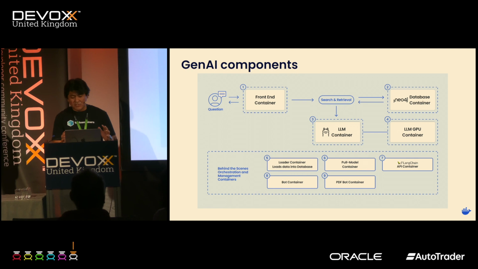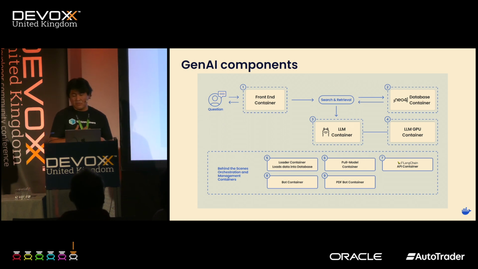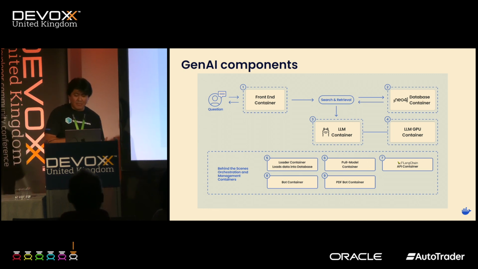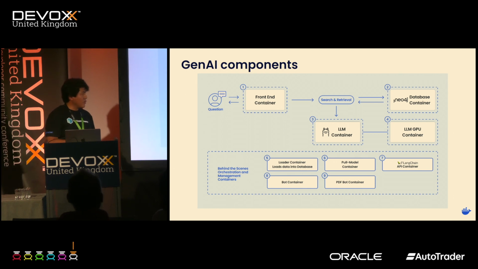And of course, there is other stuff related to it, like loading the information, basically for ingestion of the documents that you want to embed in the vector store. LangChain is a framework in JavaScript and Python, but we also have some options in the Java space to play this role.